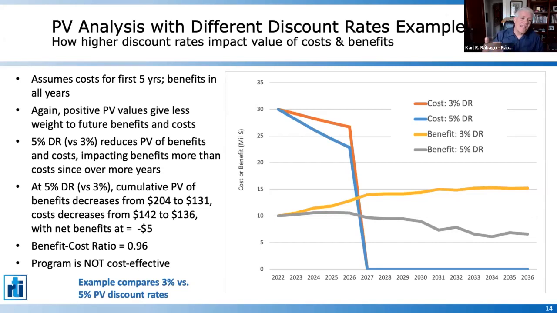In this case, the net benefits are negative, and the benefit cost ratio is also negative. So this program is not cost effective. That means that the program has to have higher benefits, or they have to come sooner if this program is going to be retooled to be cost effective.